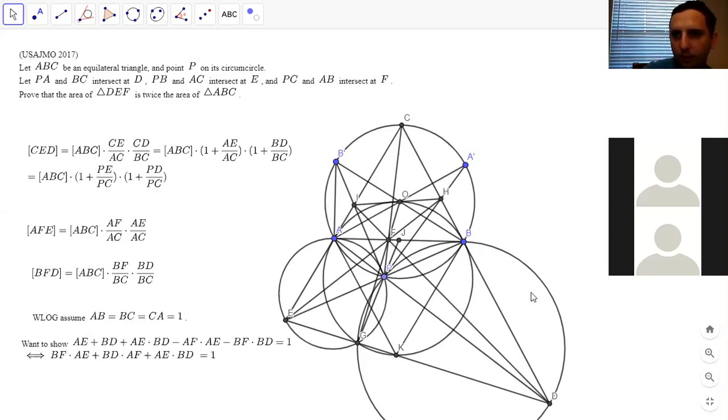And wait, we have those ratios. So AE is PA over PB. I don't know if it would help to write it because AE would be PA over PB. No, I'm sorry.